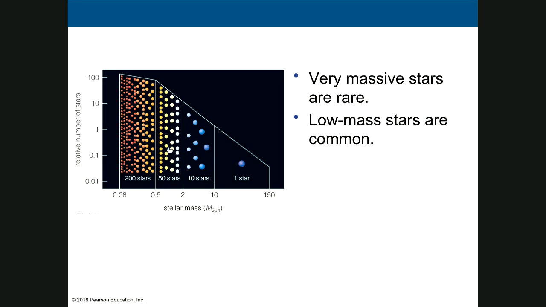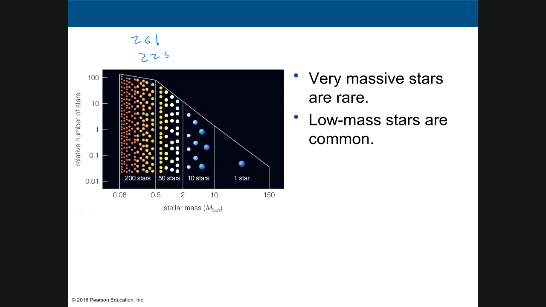But I want you to take stock of something: if you look at these, the total number of stars is 261. And our sun is bigger than about 225 of them.